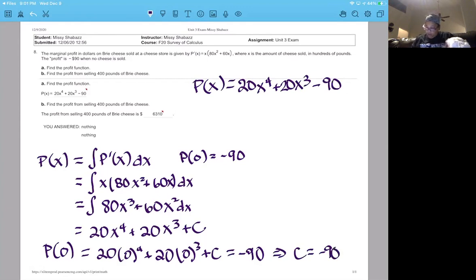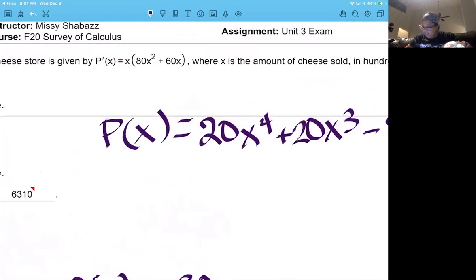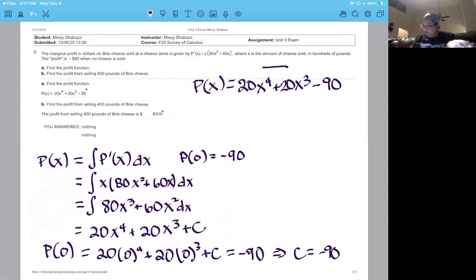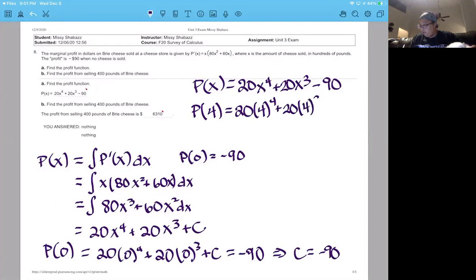All right, that was part A. Part B was to find the profit from selling 400 pounds of brie. Now remember, in the directions, they say x is the amount of cheese sold in hundreds. So I'm going to plug in 4. So P of 4 is equal to 20 times 4 to the 4th plus 20 times 4 cubed minus 90.